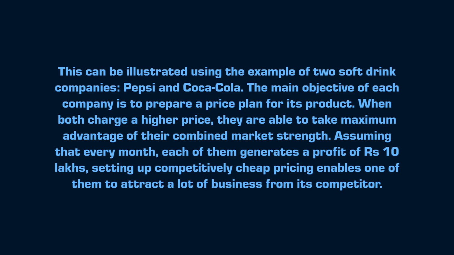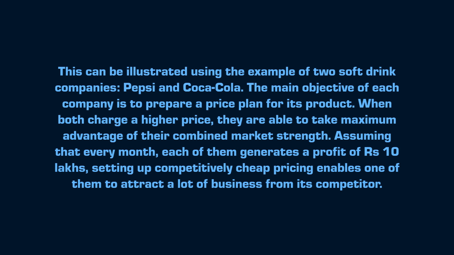The concept of the prisoner's dilemma can find application in the fields of economics and business. A real-world illustration would be the cooperation of two rival businesses in order to increase their combined profit. This can be illustrated using the example of two soft drink companies, Pepsi and Coca-Cola. The main objective of each company is to prepare a price plan for its product.